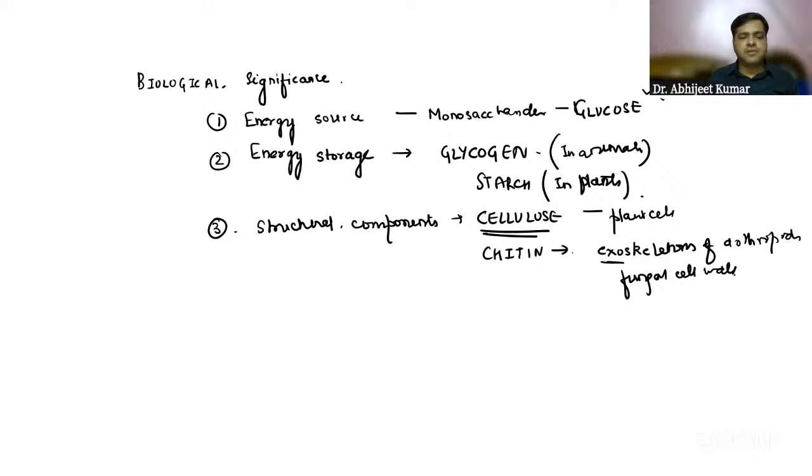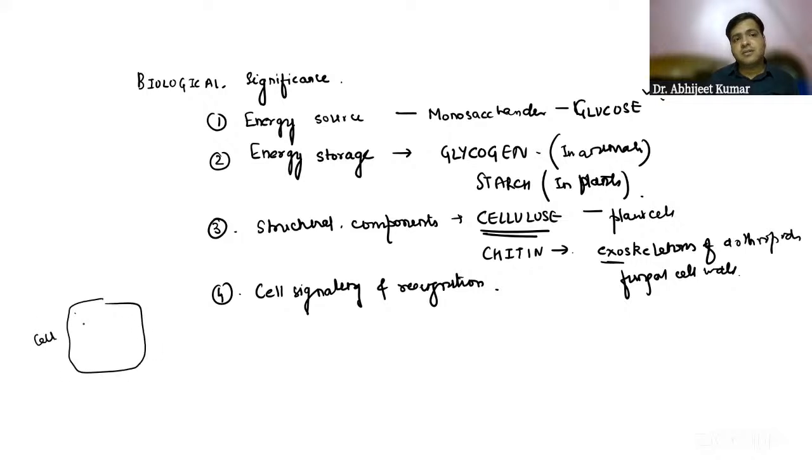Apart from that, you can also remember they are very, very important in cell signaling and recognition. We have already drawn a cell. The cell is covered by the cell membrane or plasma membrane.